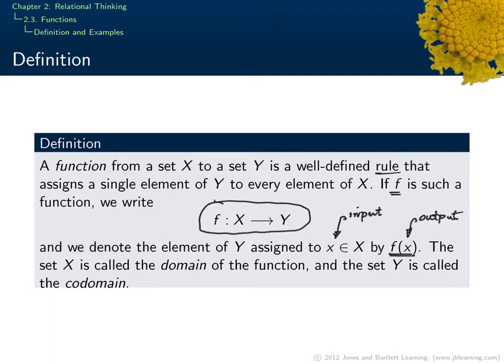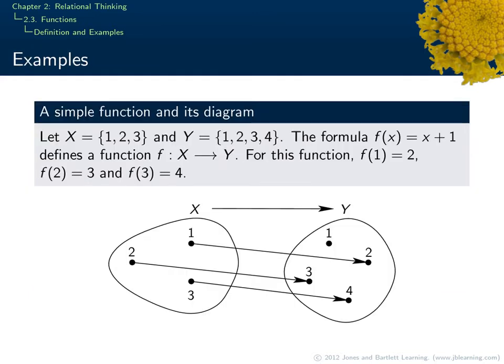So the set X of inputs is called the domain of the function, while the set Y of potential outputs is called the codomain. Here we have an example of a function.